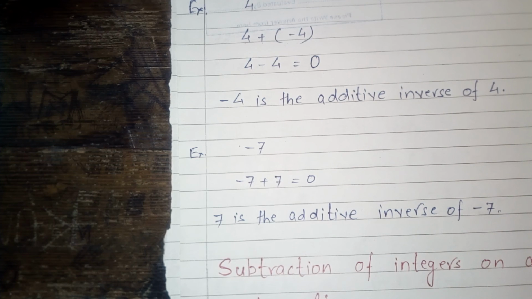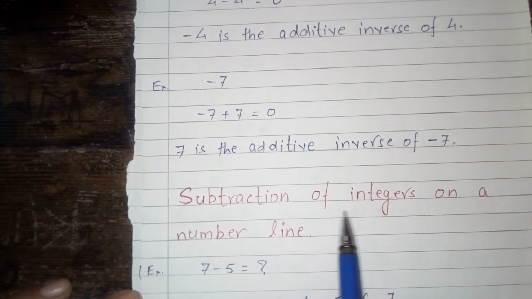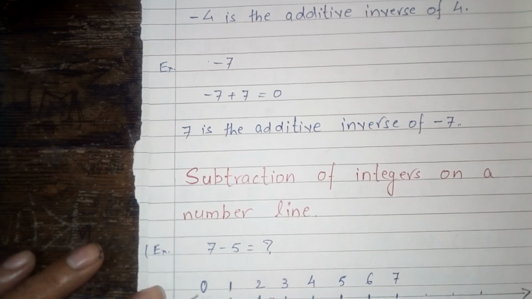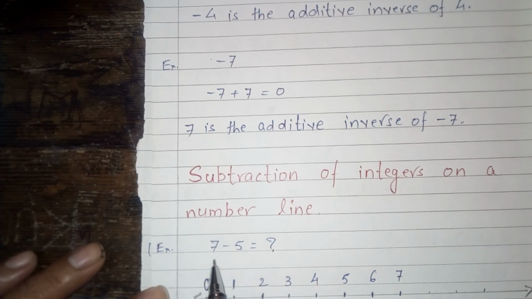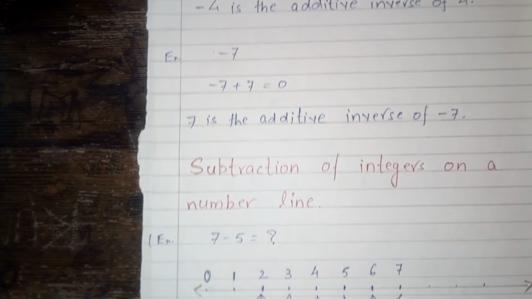Now let us discuss subtraction of integers on a number line. Suppose you have one question: what happens when you subtract 5 from 7?